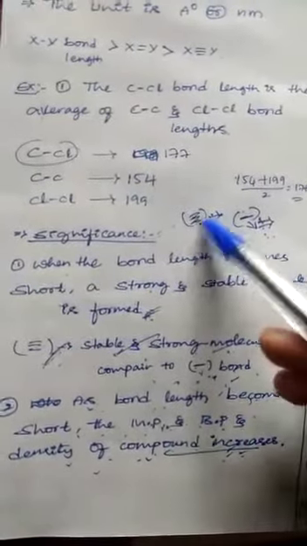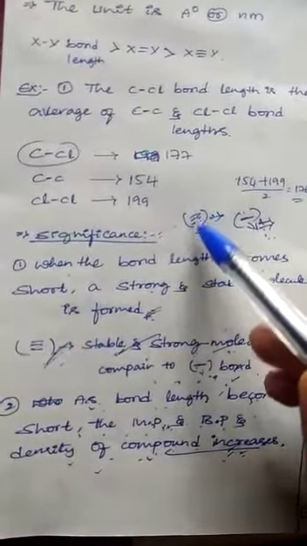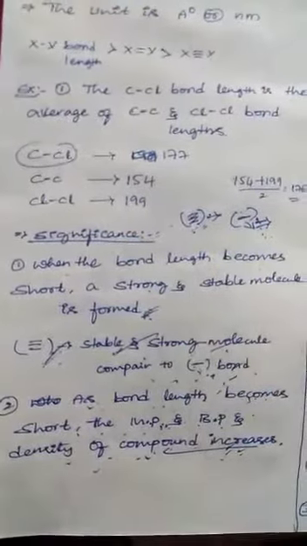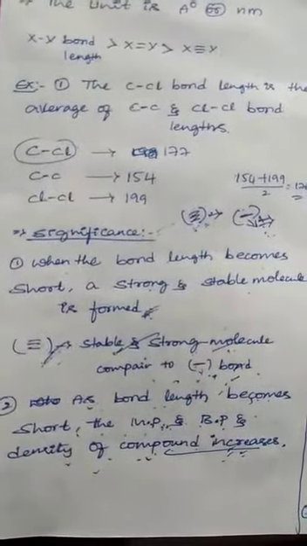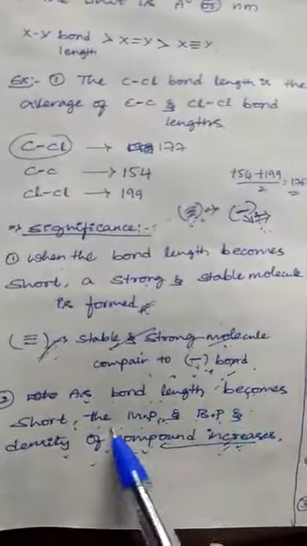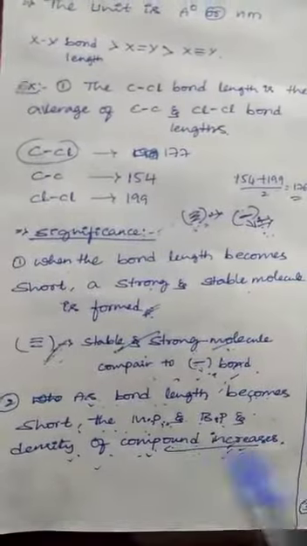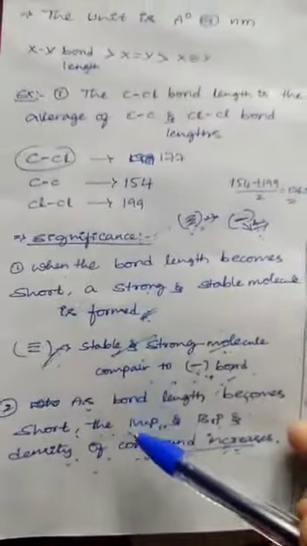Why? Because triple bonds are strong and stable. So to break a triple bond it requires a higher melting and boiling point. These two are the significance of bond length.